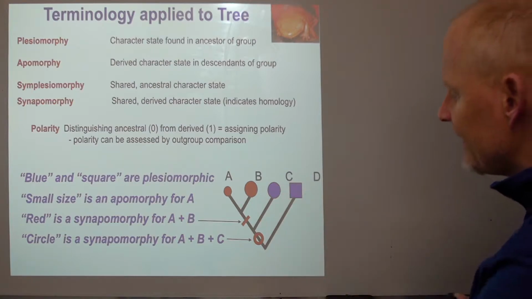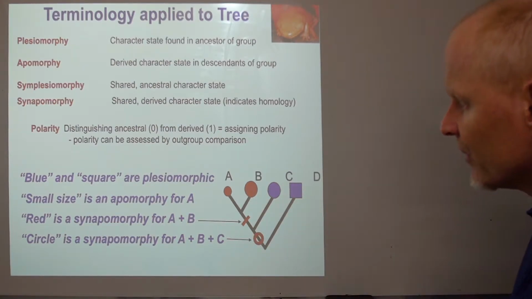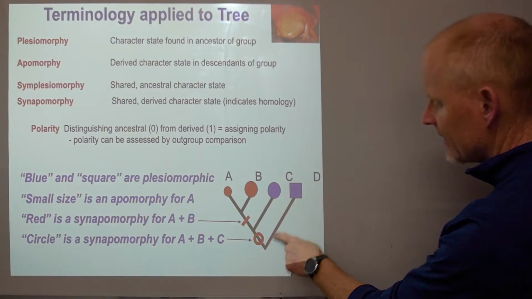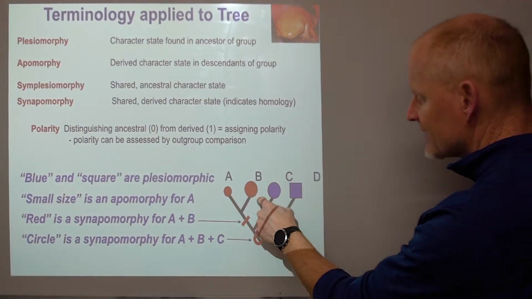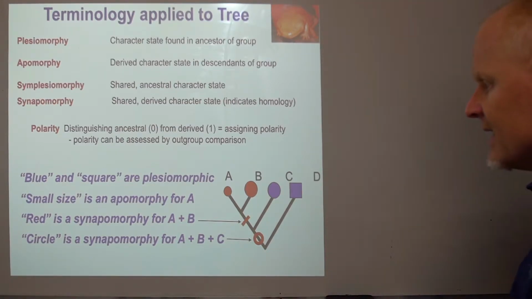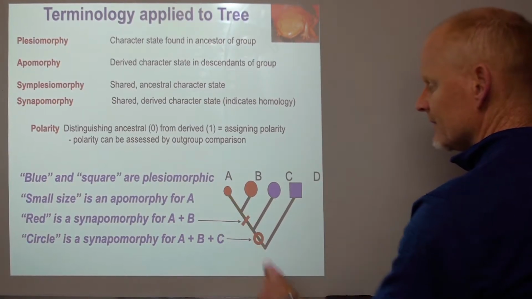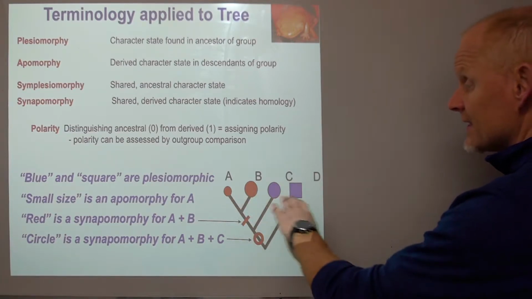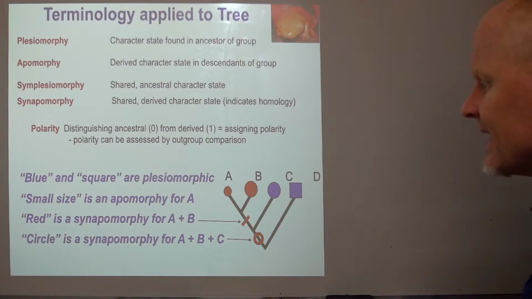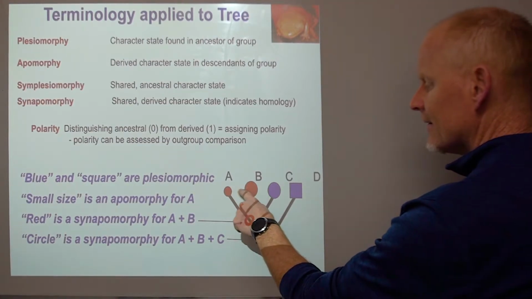So you can see in this little simple phylogenetic tree, blue and square are plesiomorphies, right? So you can see here square and then blue color are obviously not found in the two derived groups. All right. Small size is an apomorphy for A, right? Or in this instance, could even be an autapomorphy for A, right? Red is a synapomorphy for A and B, right?